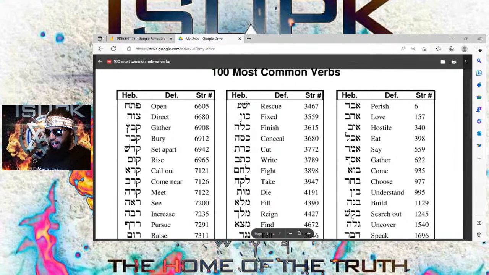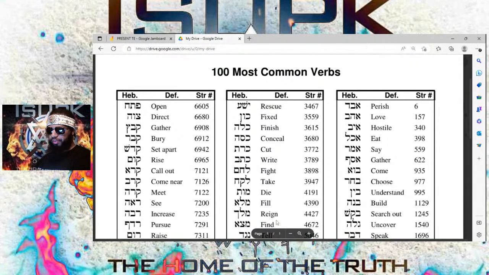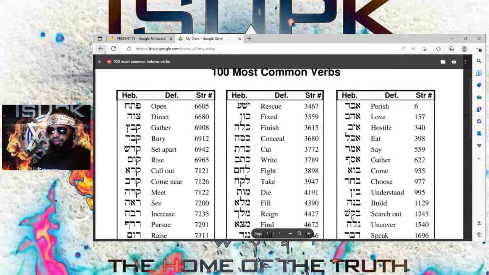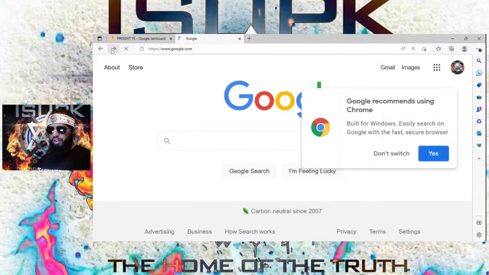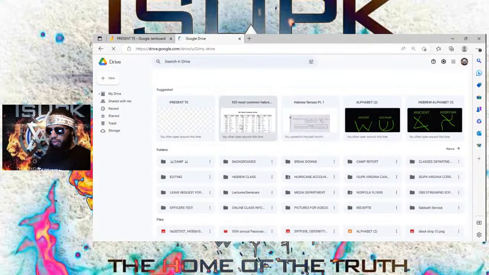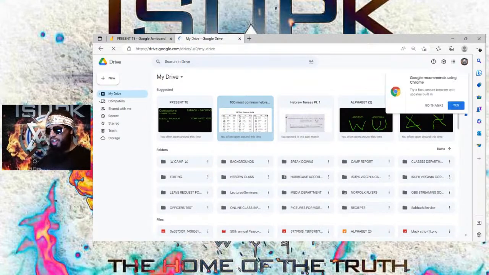We'll do kathab meaning to write. I believe kathab should also mean to read as well, but I gotta look that up.